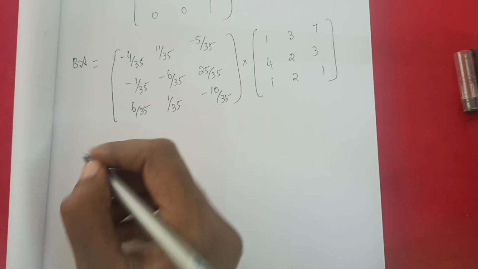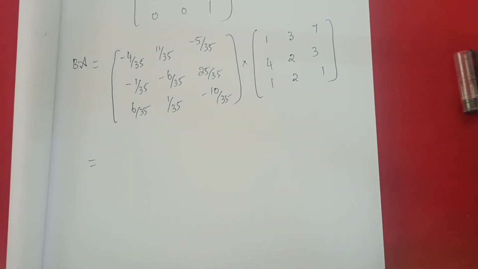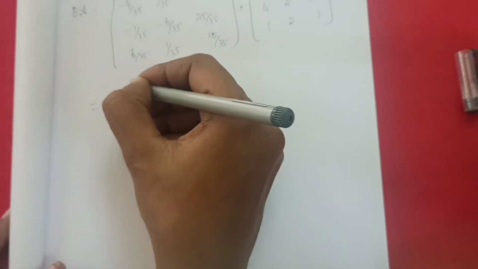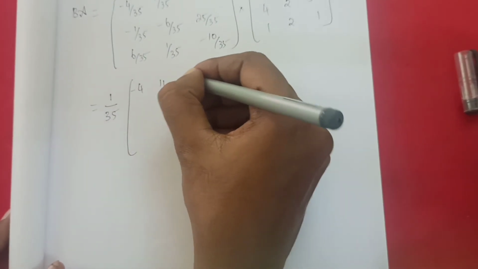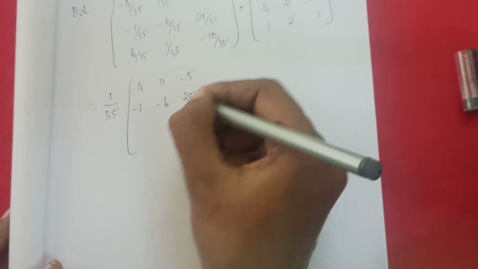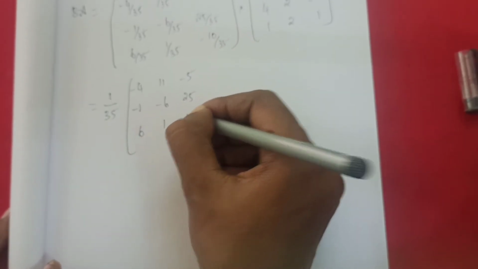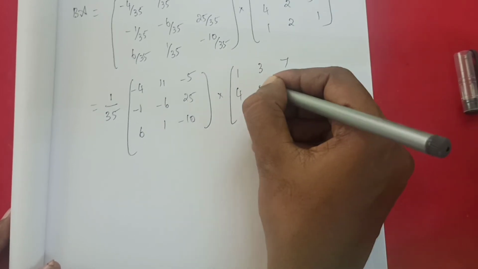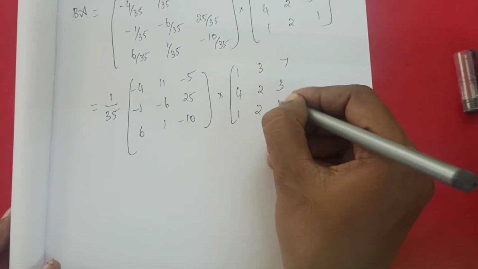Now, what will you do? Same as the first part, we will take 35 common outside, then it will be very easy to do. So, 1 by 35 common outside, minus 4, 11, minus 5, minus 1, minus 6, 25, 6, 1, minus 10, into 1, 3, 7, 4, 2, 3, 1, 2, 1.